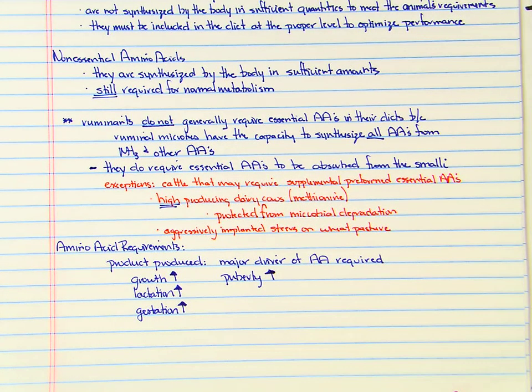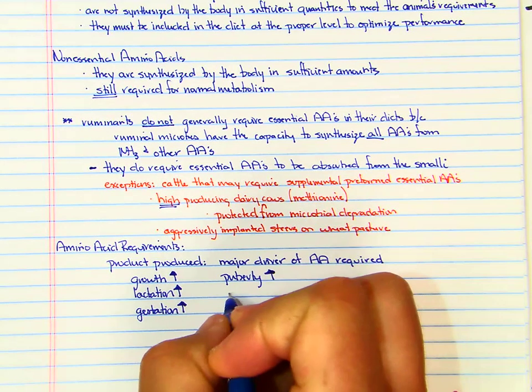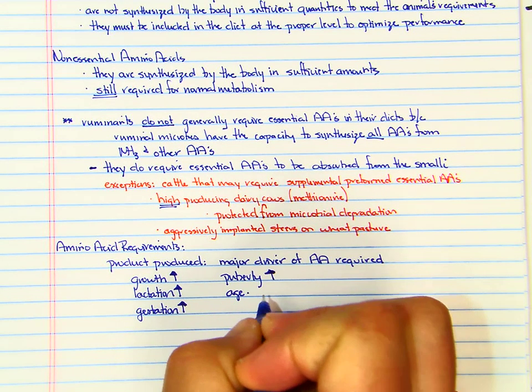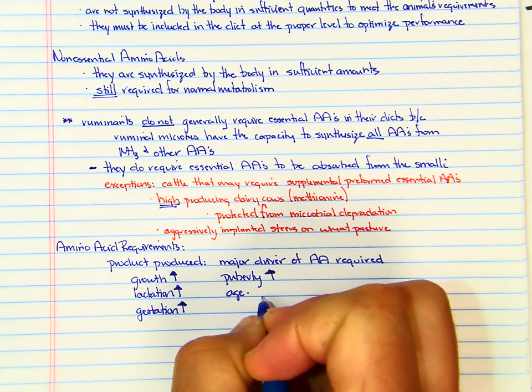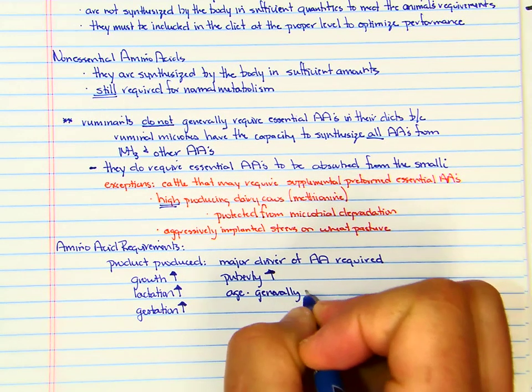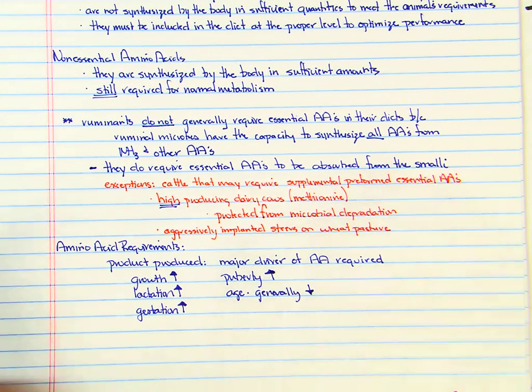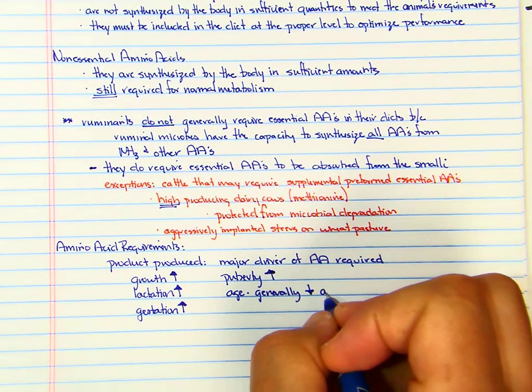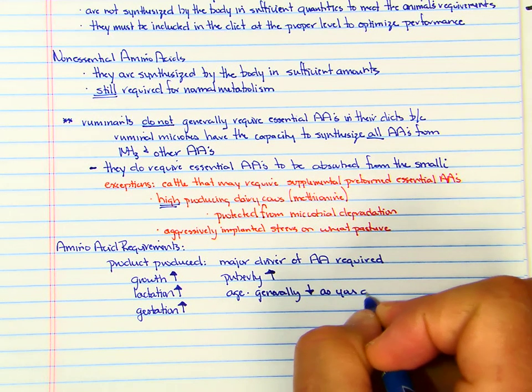Maturity, like reaching your full body size, would decrease amino acid requirements. You're going to require fewer because you're now as big as you're going to be. So age, independent of weight, we generally decrease amino acid requirements as you age.